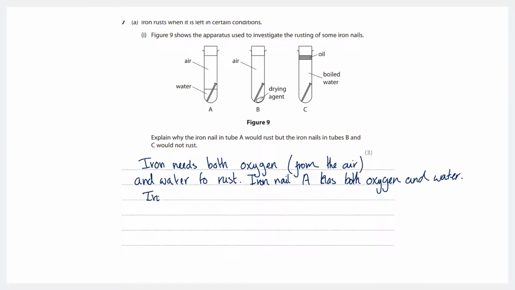Iron nail B has only air, so oxygen, and no water.